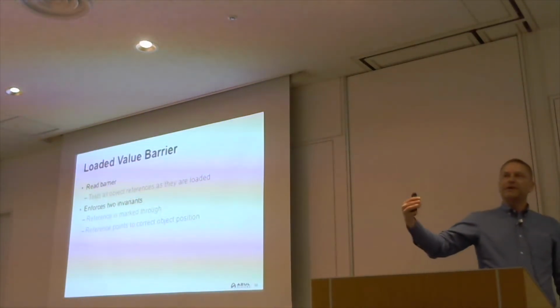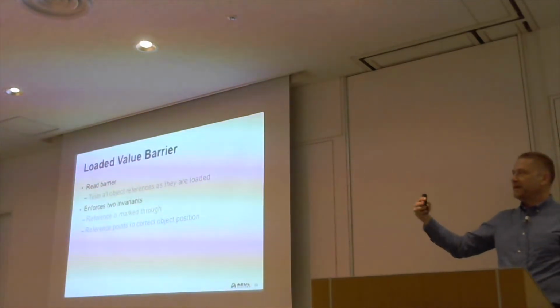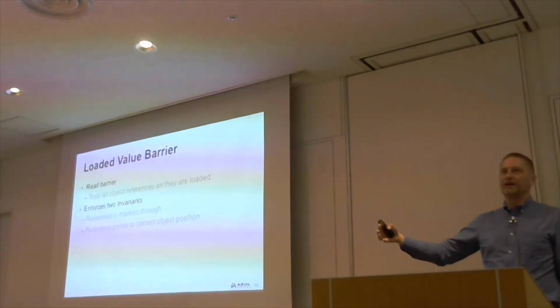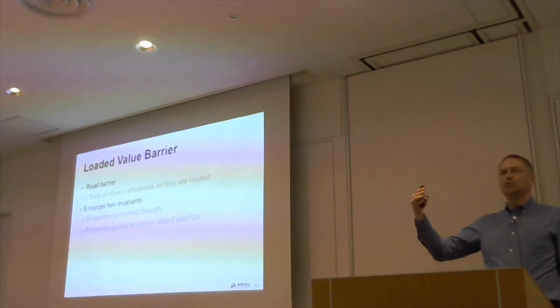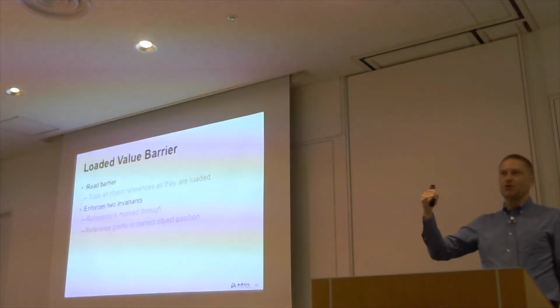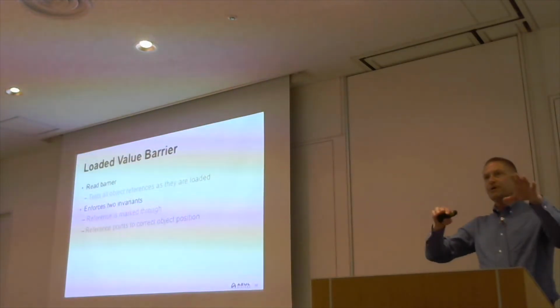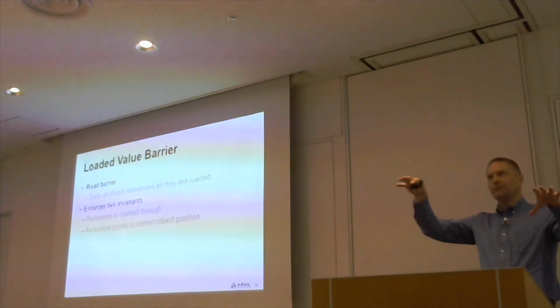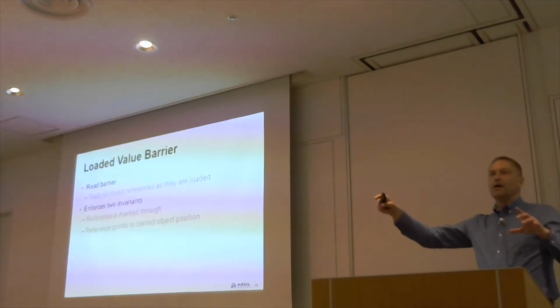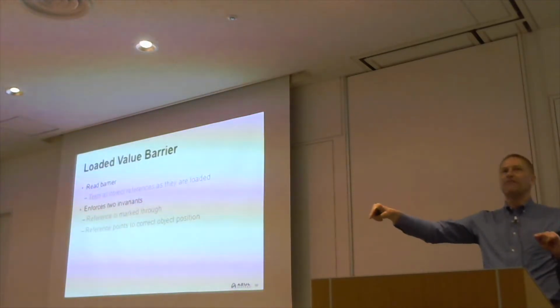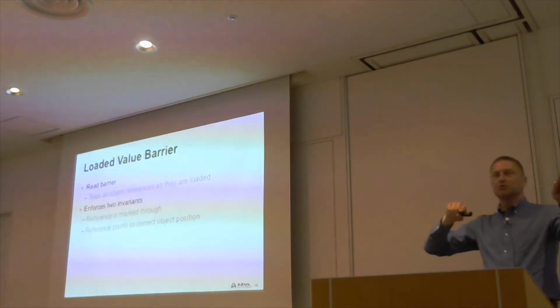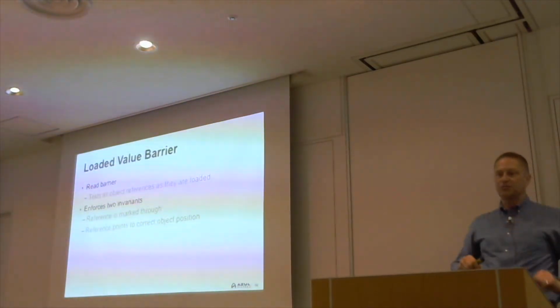And then when we're in the relocation and remapping phase, we guarantee that you will always get the right reference to the object in terms of where it is. If we're in the process of moving it, you may get delayed slightly because we actually have to move the object from one place to another, but you will always get the right reference so that you don't get corruption of data as we move objects around.